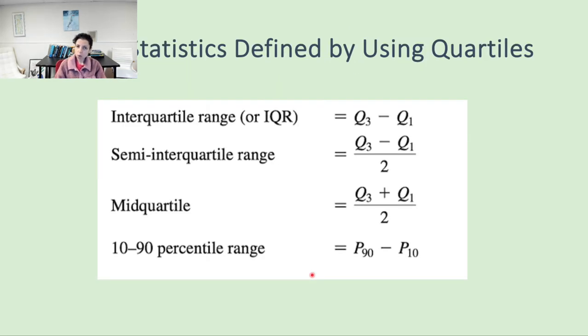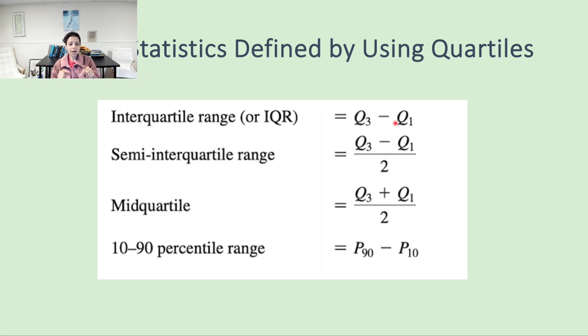Once we get our quartiles, we can also define other measures. We can get what's called the interquartile range. We take the third quartile and the first quartile and subtract them, and that tells us the distance between the first quartile and the third quartile.